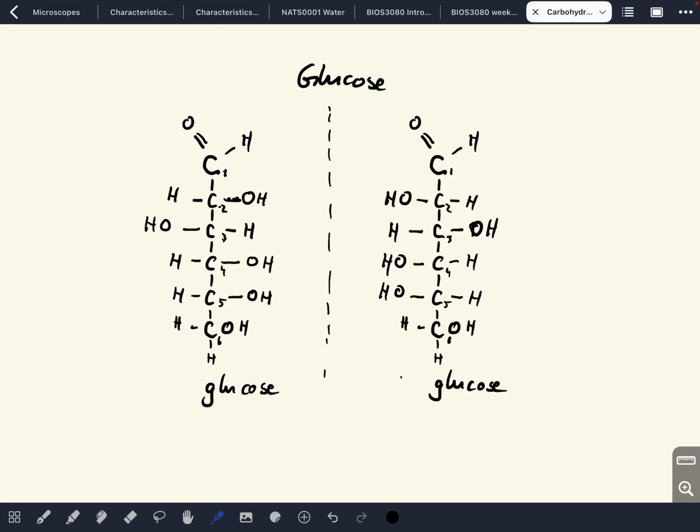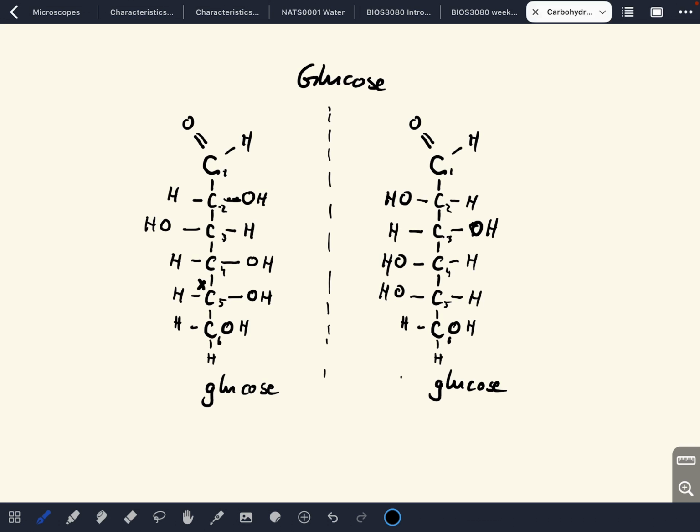Now the 6 carbon here is not symmetrical. It's not chiral, because we've got 2 hydrogens here. So it's not chiral. We don't need to worry about that. And the last chiral carbon is actually this one here, carbon 5.